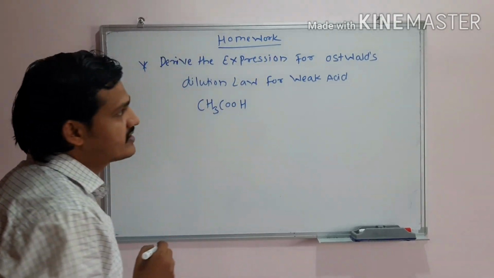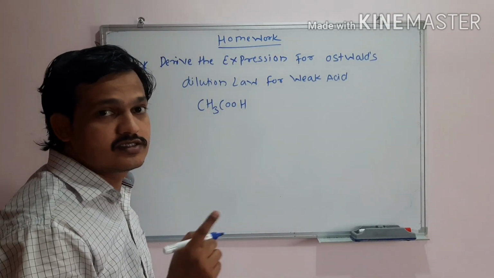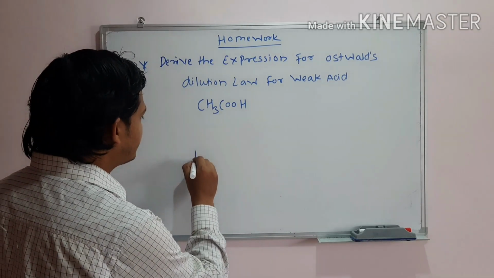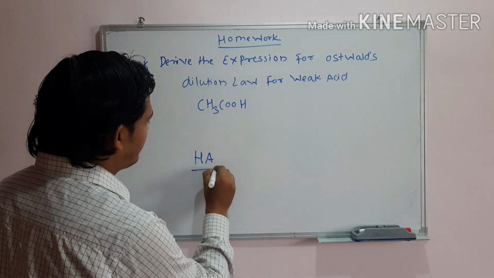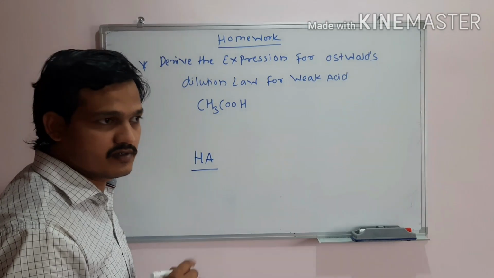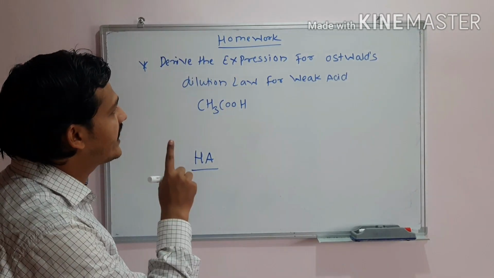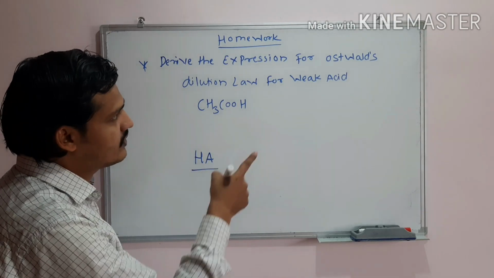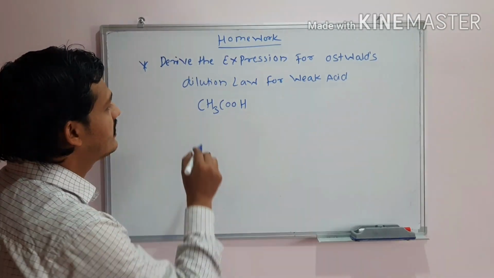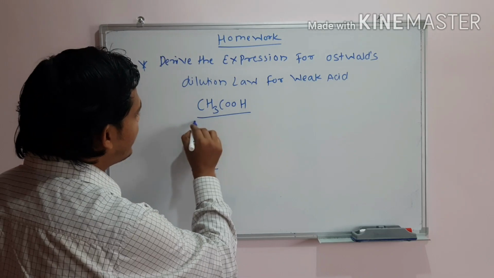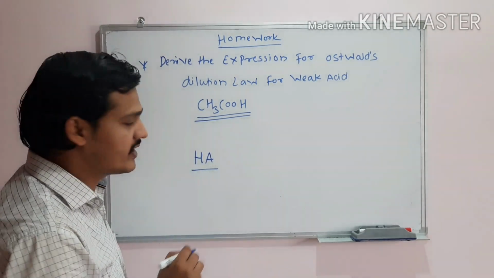Because I am deriving the expression in general, I am representing the weak acid in symbolic form. So you have to derive the expression for Ostwald dilution law the same as I did, but you have to use a weak acid, acetic acid, not HA.